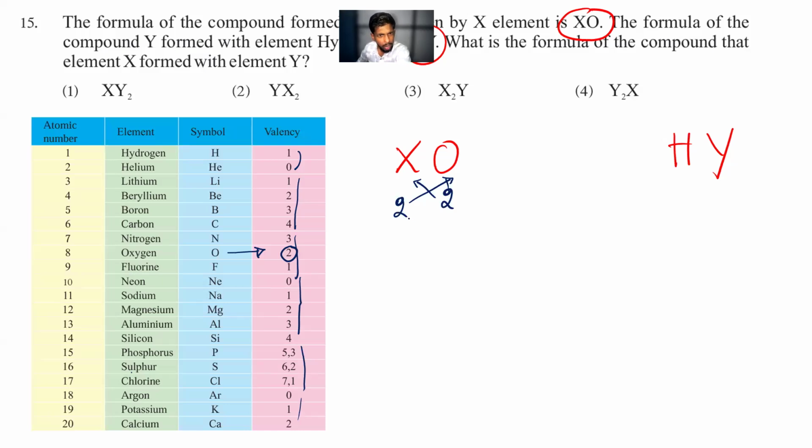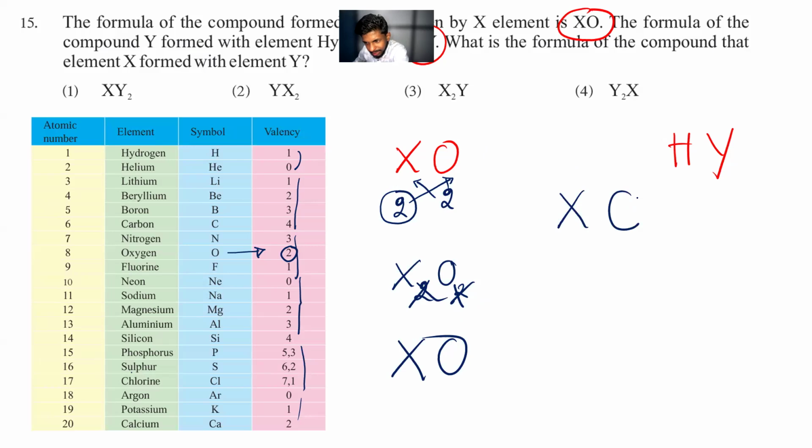You may ask, how can you put X? Because if you are putting 2 here, then only what will happen? X2O2, then the 2 will be cut and we will have the formula XO. If the X has any different kind of valencies like 3 or 4, we'll check like that, right? If the X has the valency 3, we don't know, but we have assumed that X will have the valency 2.